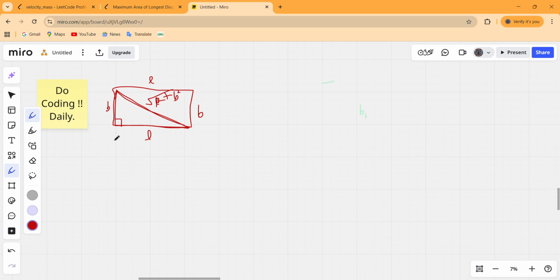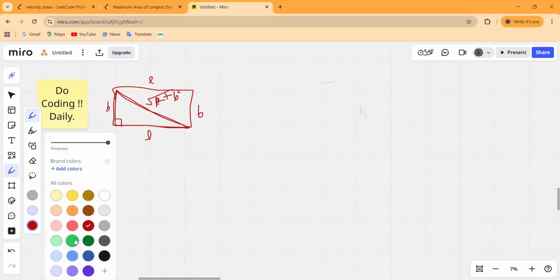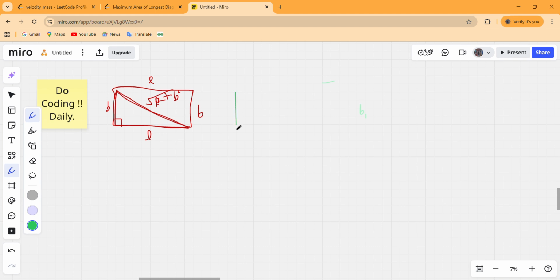Now let us suppose we have two or more rectangles with us. This is a rectangle that has dimensions P cross Q. Then what will be the length of this diagonal? That will be the square root of P square plus Q square.